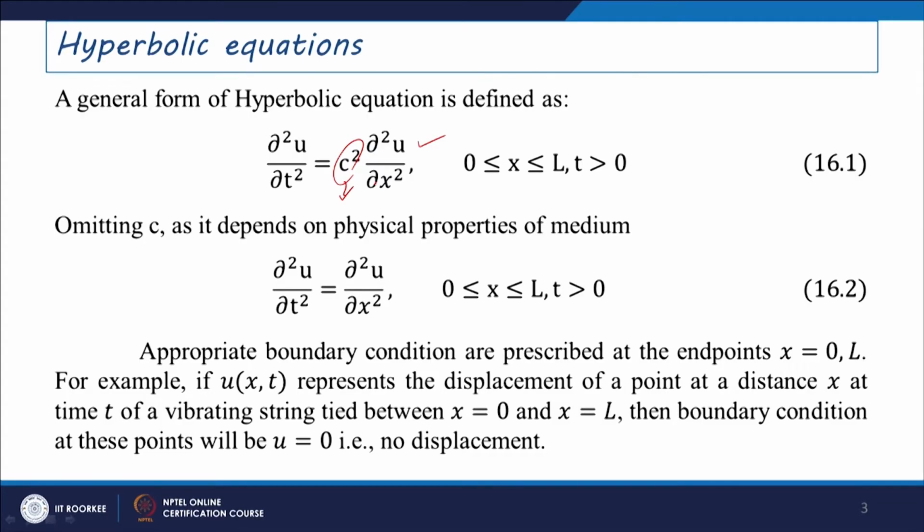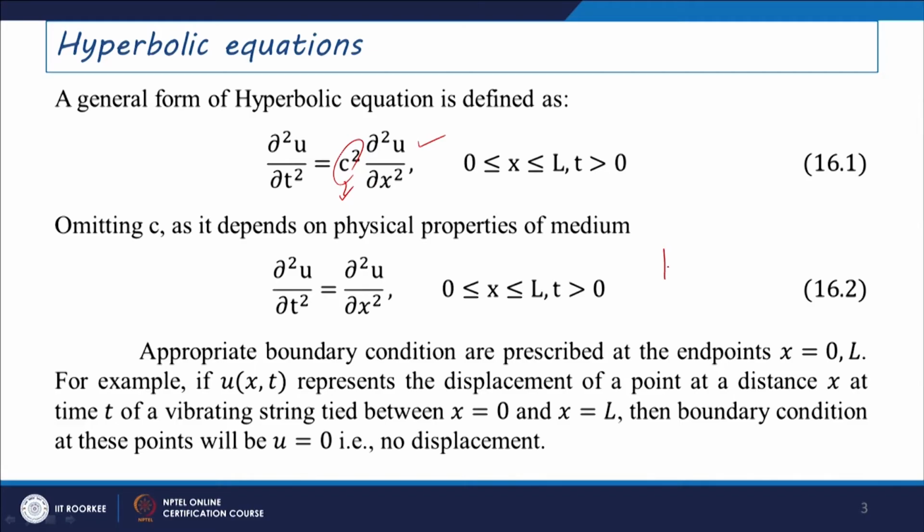For example, suppose u of x, t represents the displacement of a point at a distance x at time t of a vibrating string tied between x equals 0 and x equals L. Then the boundary condition at these points will be u equals 0, that is, no displacement.